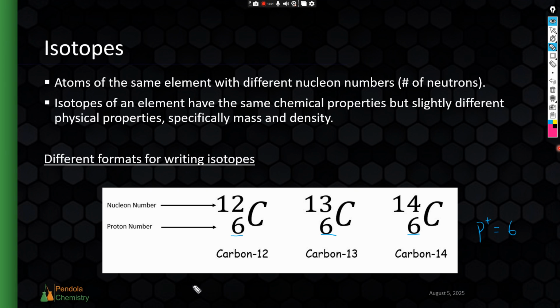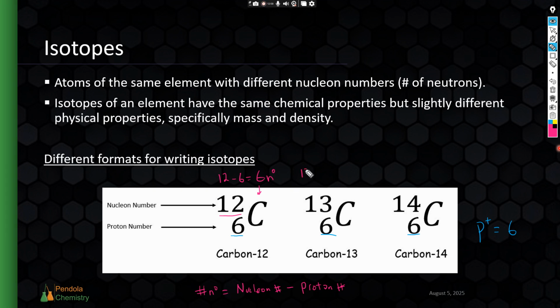Remember, in order to get the number of neutrons of an isotope, we need to grab the nucleon number and subtract from it the proton number. So if we're looking at carbon-12, that means the nucleon number is 12 minus the proton number, which is always going to be 6 for carbon. That means that there are 6 neutrons in carbon-12.